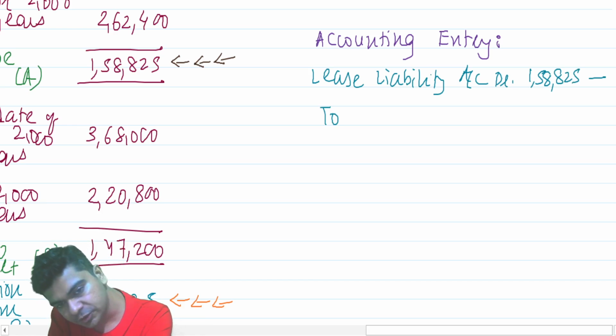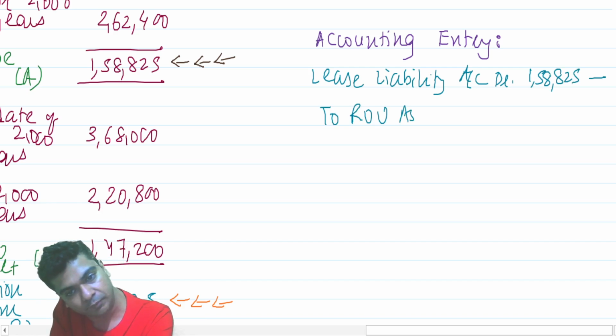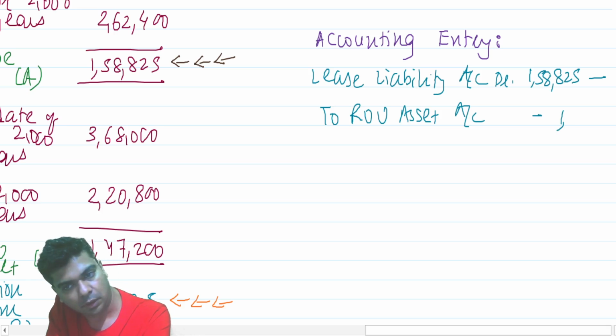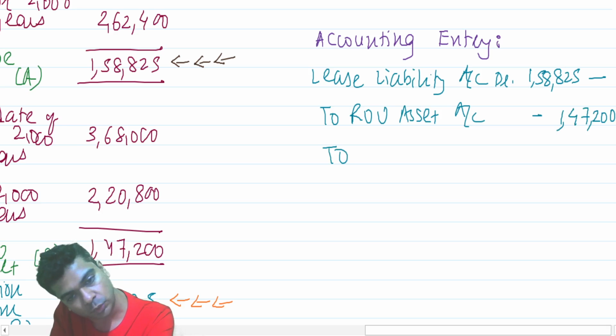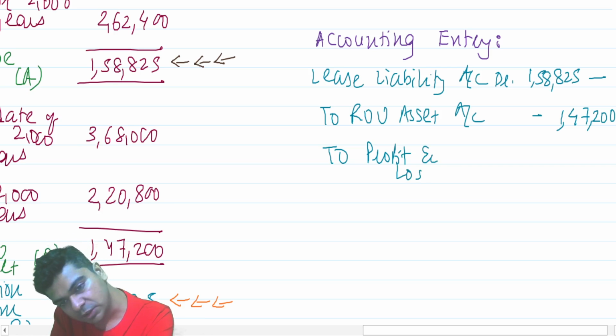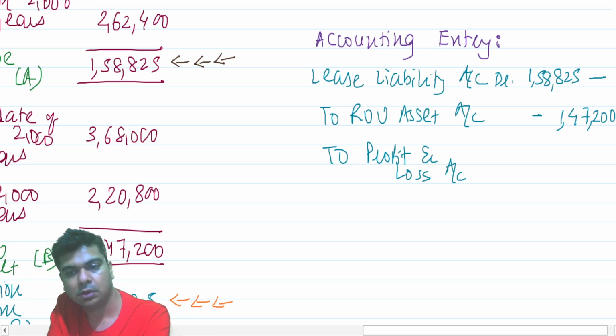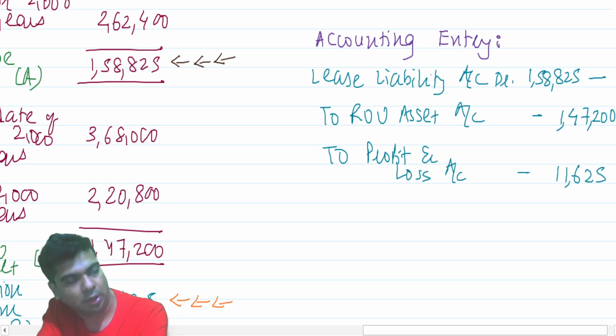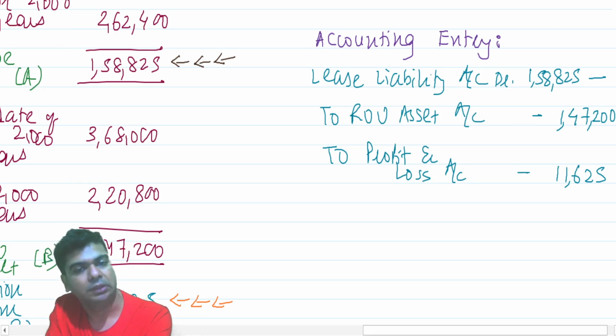Asset is also reducing, so to ROU asset account, 147,200, to profit and loss account, 11,625.